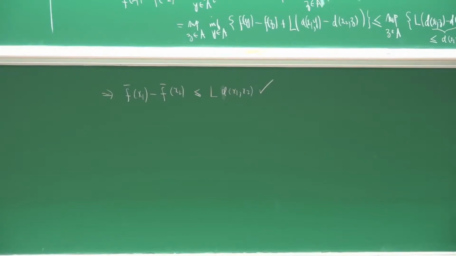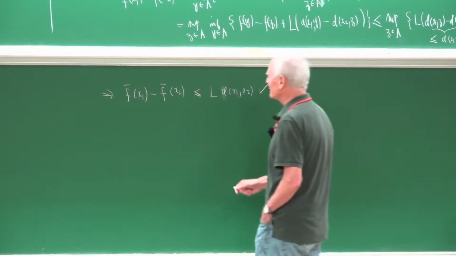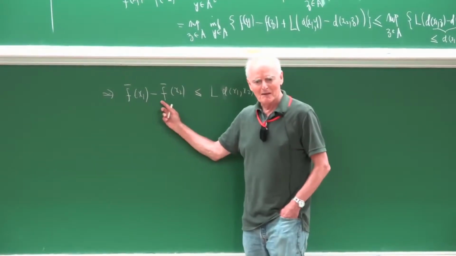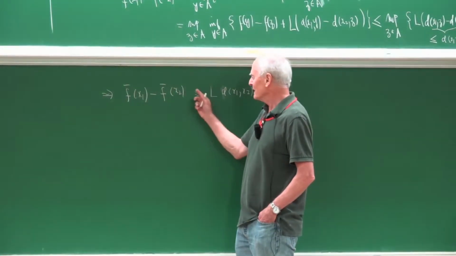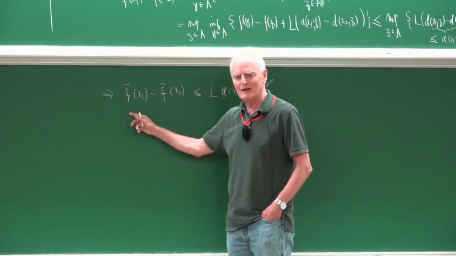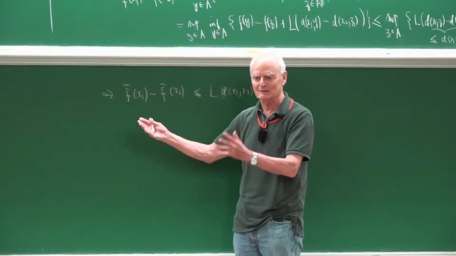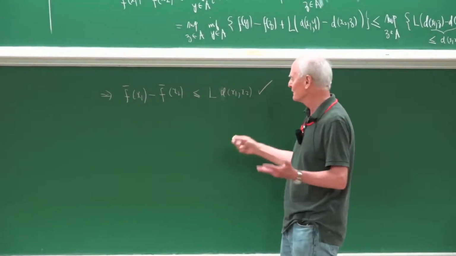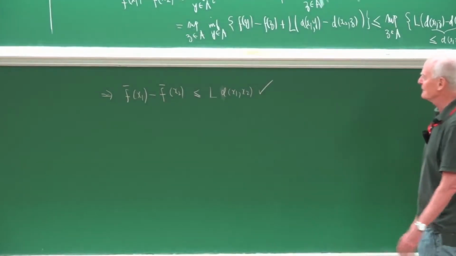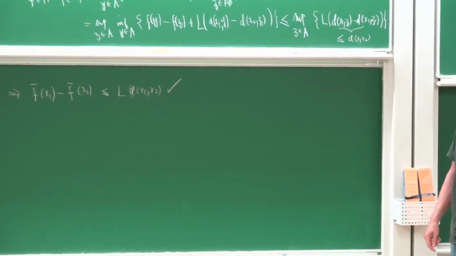Right, I should have said that. This is only half of what we want to prove, the absolute value. But of course, there's nothing to prove because you can just flip x1 and x2. So this is enough. Since it's true for every x, y, it's enough. So that is the Lipschitzness.